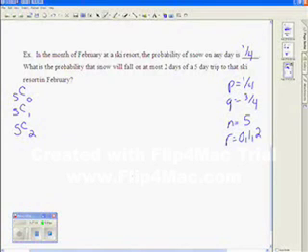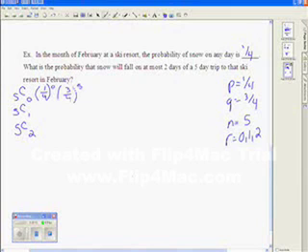All right? So now we have to set each one of these up bit by bit. It's going to take a little while. All right? This becomes, if we have 5 combination of 0 days, we have our 1/4 raised to the 0 power, and 3/4 raised to the 5th power.